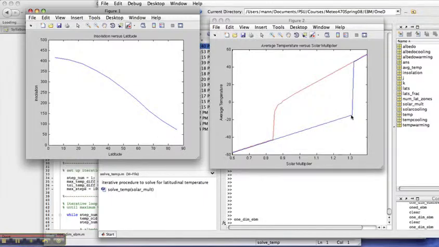At that point, we now suddenly begin to melt away the ice fairly rapidly, and as soon as we do that, Earth's temperature increases very rapidly. Now we have an ice-free Earth, and we're back where we began, and if we increase the solar multiplier to 1.4, we are precisely where we started out.